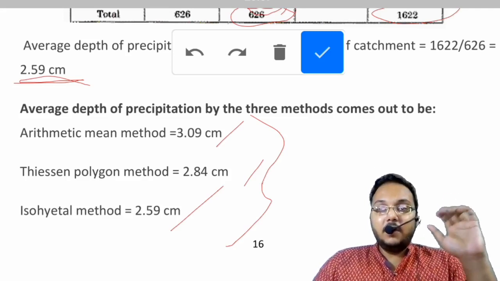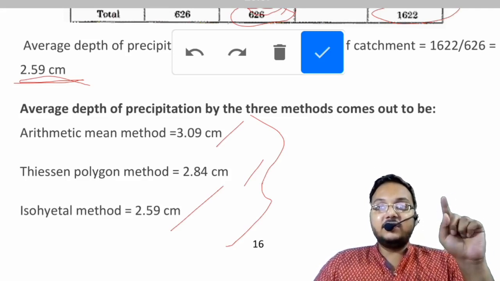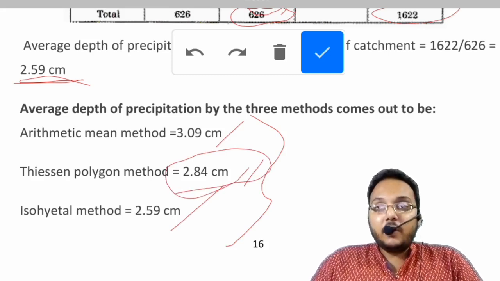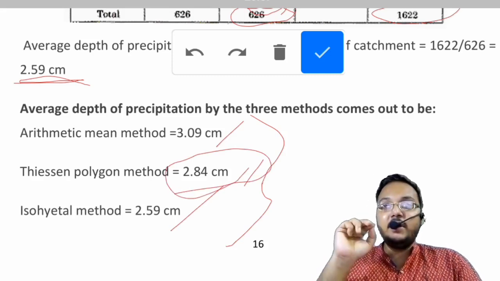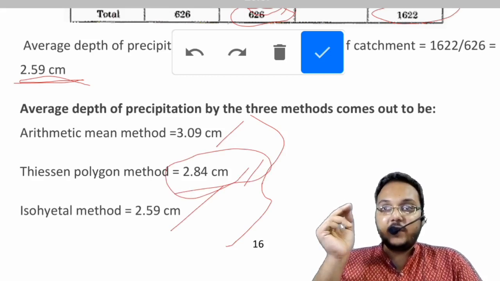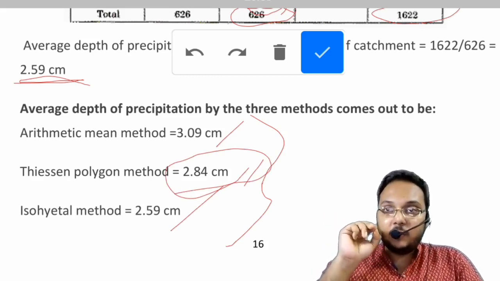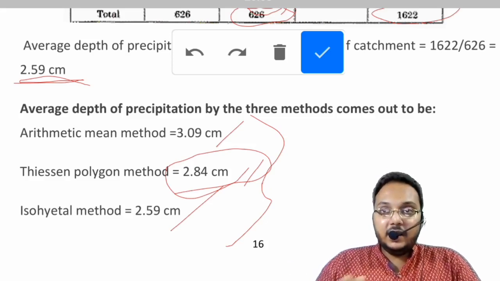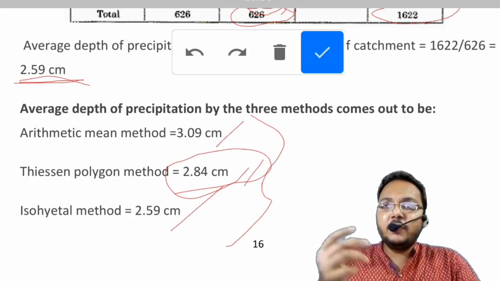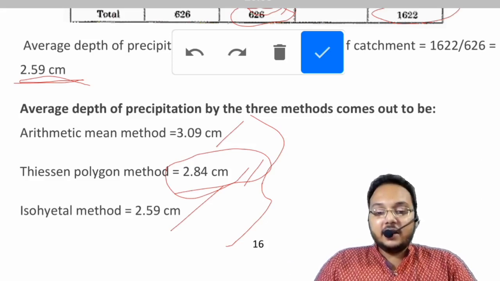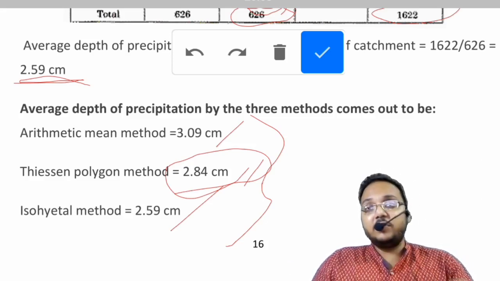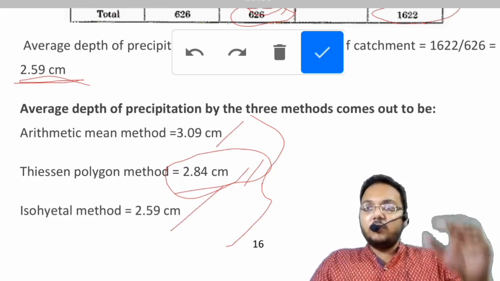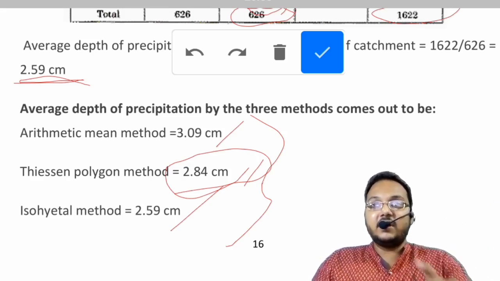But we know that the perfect answer will be 2.84 only, because for catchments between 500 km square and 5000 km square area we use the Thiessen polygon method. So this is how we get the value for a particular catchment. If the catchment had an area greater than 5000 km square, say 6000 or 7000 km square, then of course the isohyetal method would give us the correct answer.